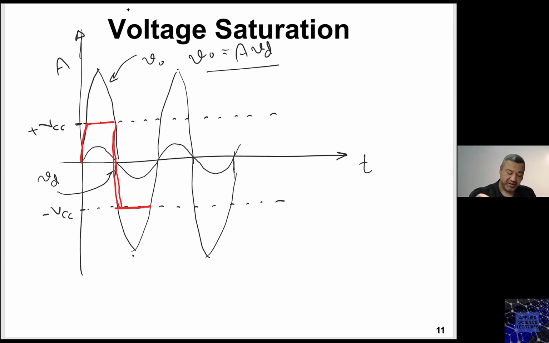This is the meaning of saturation, where your signal has reached the maximum or the minimum value where it cannot go beyond. That's why at saturation it would be cut like this. So the signal is going to be deteriorated because of this clipping.